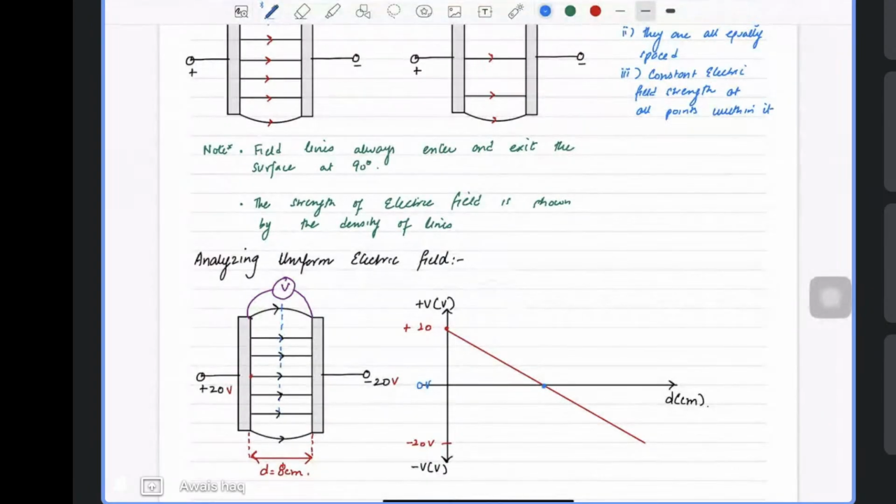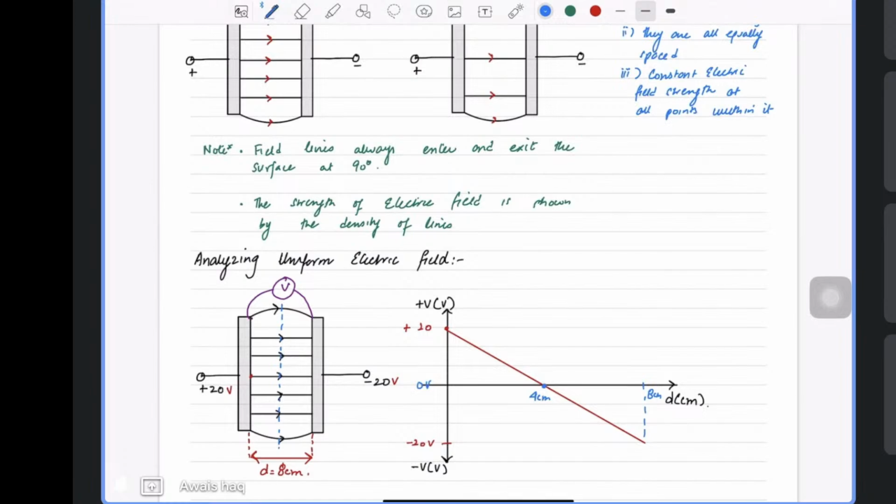So this is the center of the plates. So that would mean that this is like the 4 centimeter, because the total plates are 8 centimeters apart. So exactly at the middle you will have potential 0, and the line would go like this.